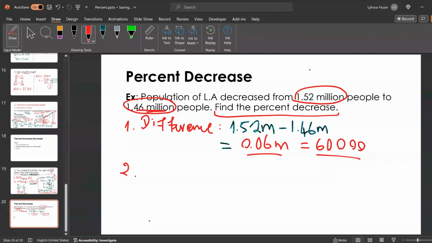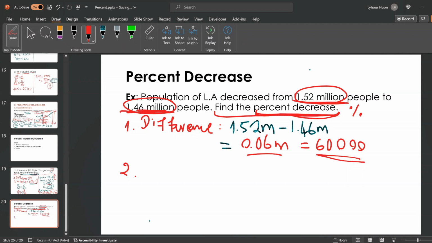We have to find the percent decrease. Yes, the question is to find the percent decrease, right? So what we are looking for is the percent. What we have is the difference, the original number of people, and the decreased number of people. How do we write the problem?